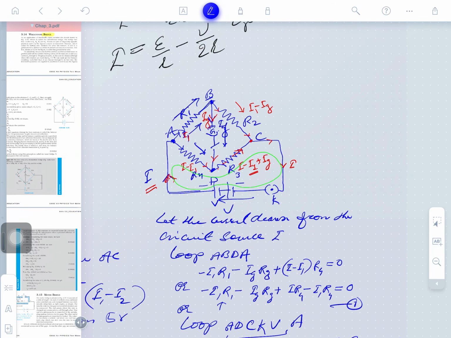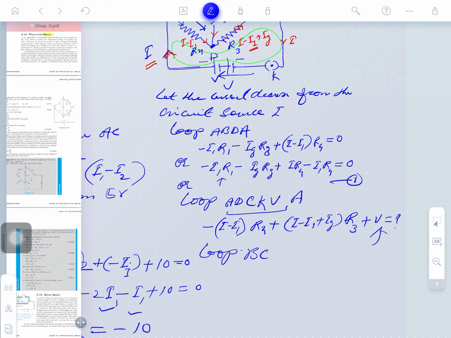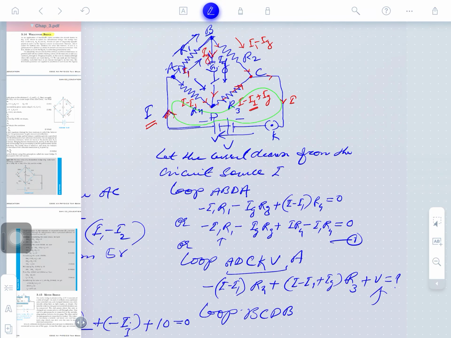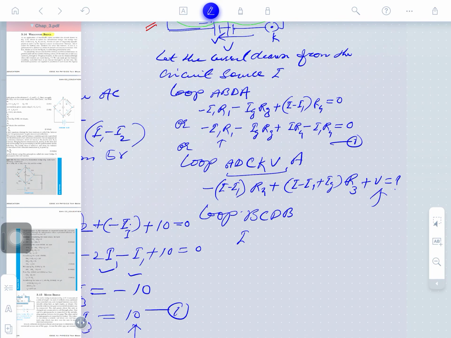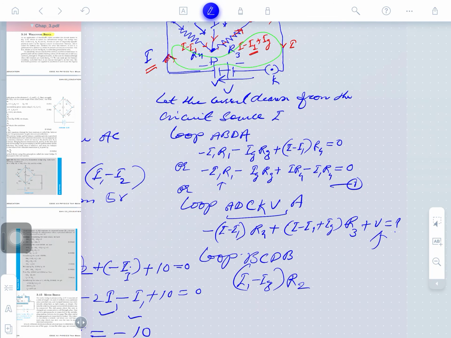The next loop is BCDB. What is the BCD loop? B to C, I1 minus Ig multiplied by R2, clear? Okay. And C to D, in the opposite direction of current, I minus I1 plus Ig multiplied by R3.